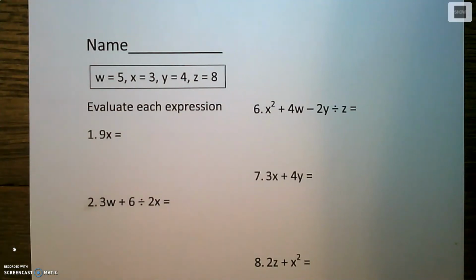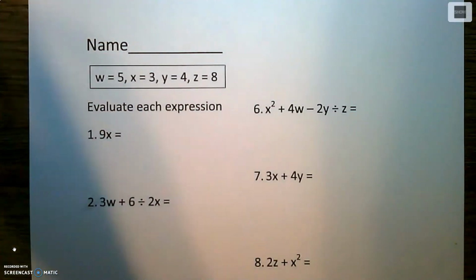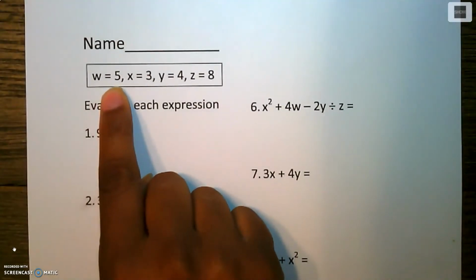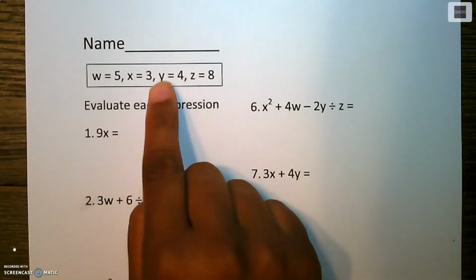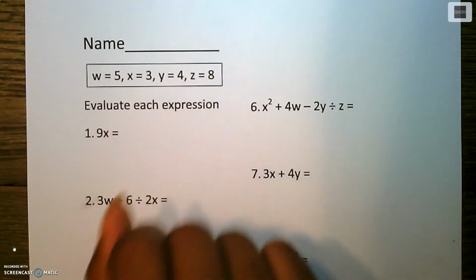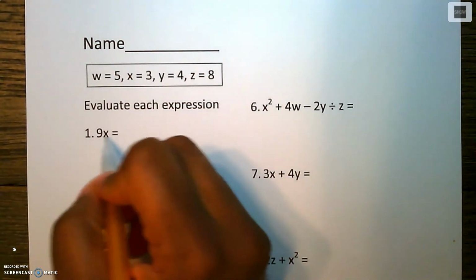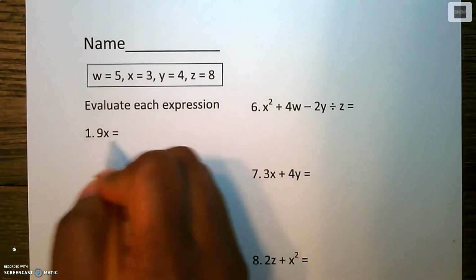Okay, so you guys were given this worksheet to complete at home, and now I'm about to go over it. It says evaluate each expression. W equals 5, X equals 3, Y equals 4, and Z equals 8. So the first thing I'm going to do is see what operation I'm doing.